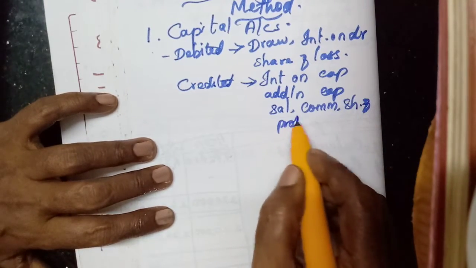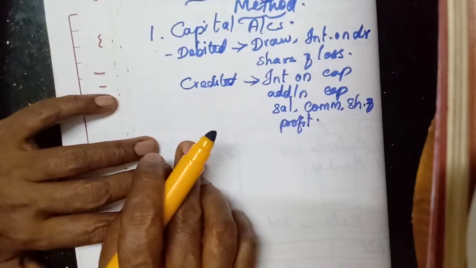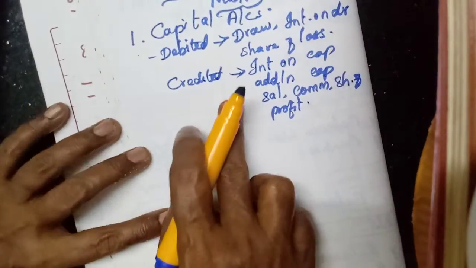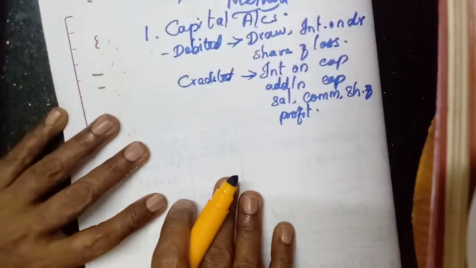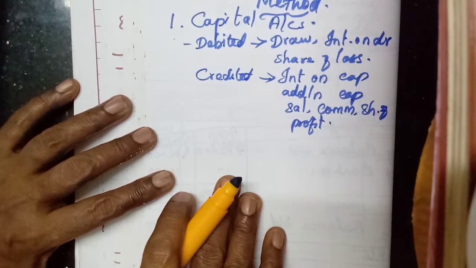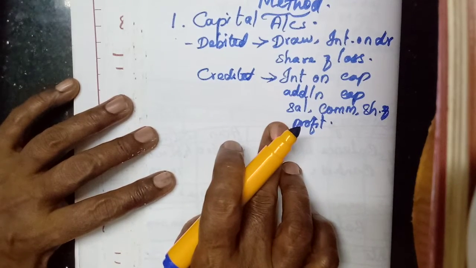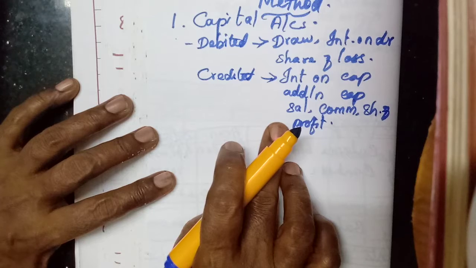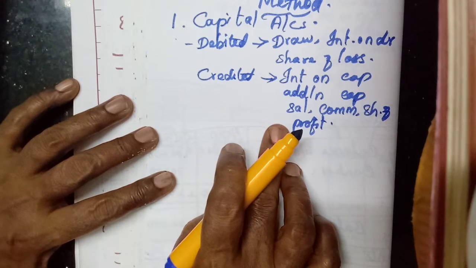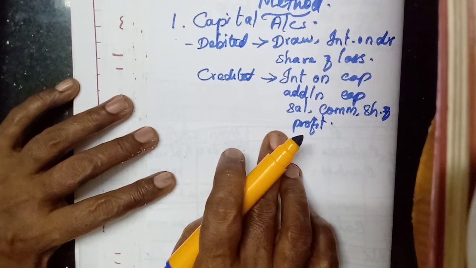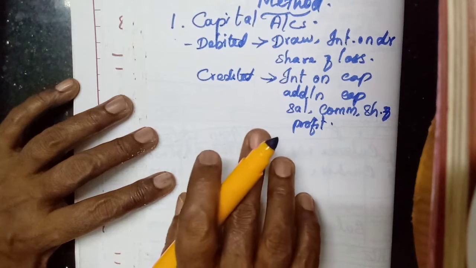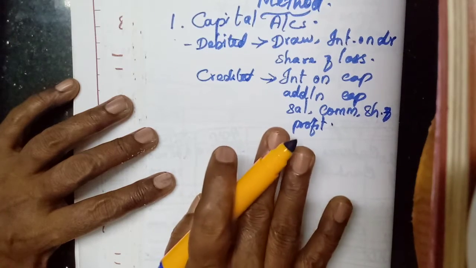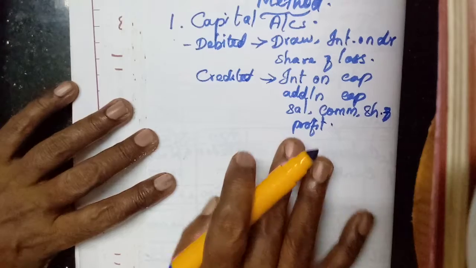Everything will be posted in the credit side of the partners capital account. Always it will have credit balance only. But there we have studied the current account will have either debit balance or credit balance, but in the fluctuating capital method we will have only credit balance.